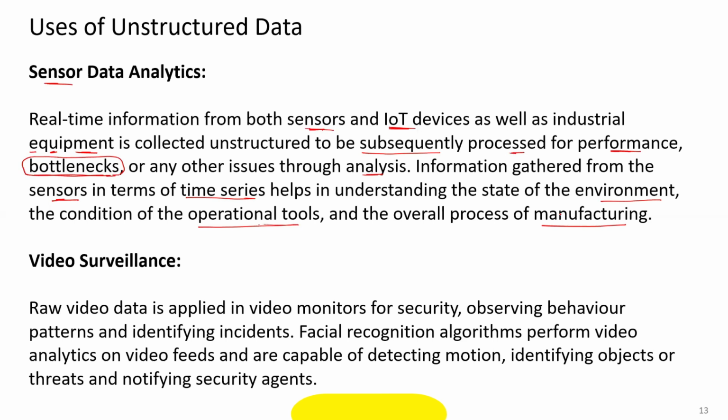Maybe some equipment is producing a warning or some sign of fatigue where it requires maintenance. So operational data is equally important nowadays to make business decisions.